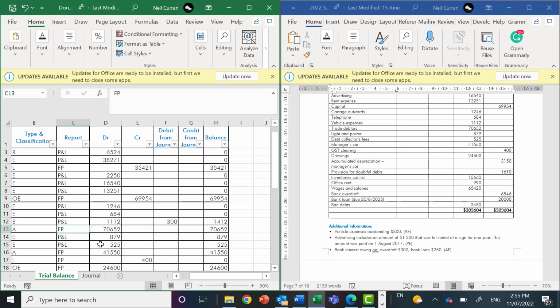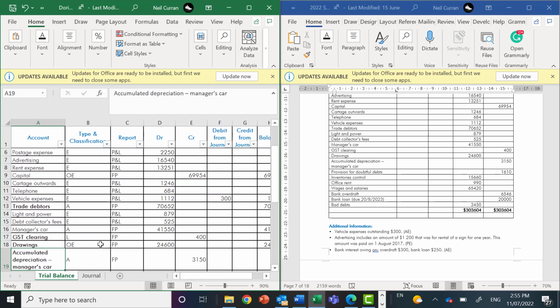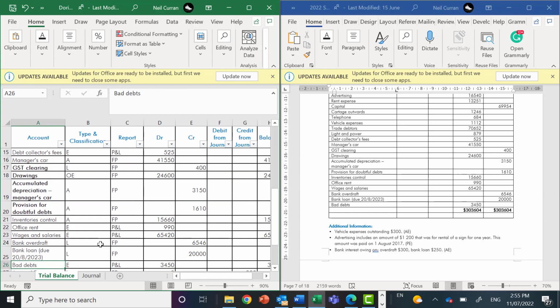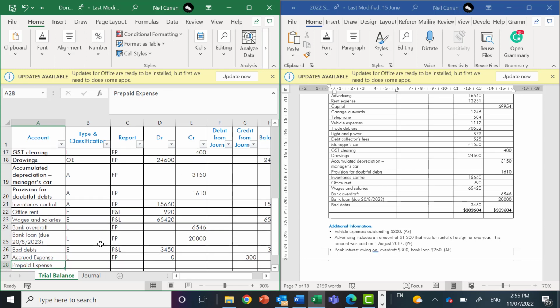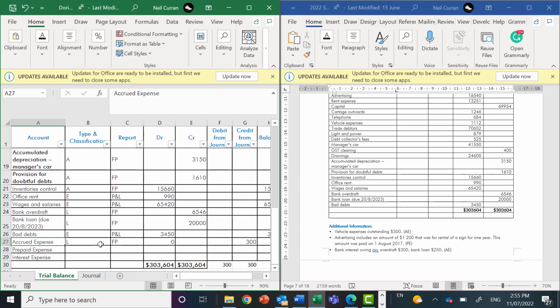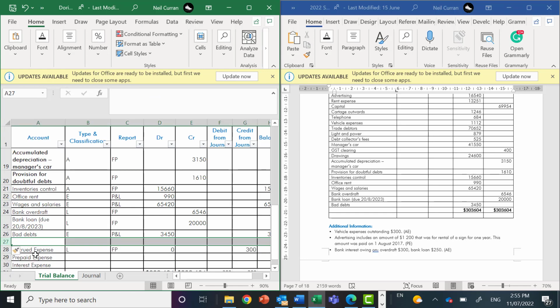And then we need to find out where accrued expenses is. Now all of your balance day adjustments, in other words your accrued expenses, your prepaid, your unearned revenues, and your accrued revenues, won't actually appear in here. So we need to create a line and insert a row. To do that, highlight a row, right click, and insert.